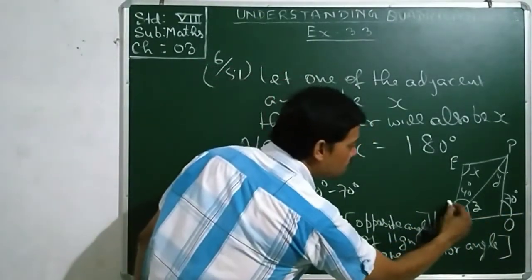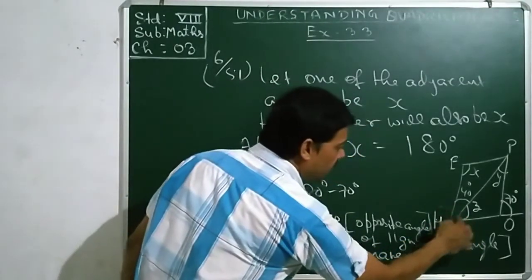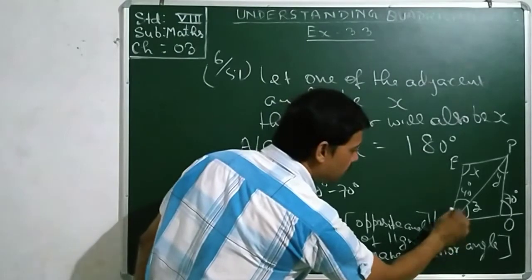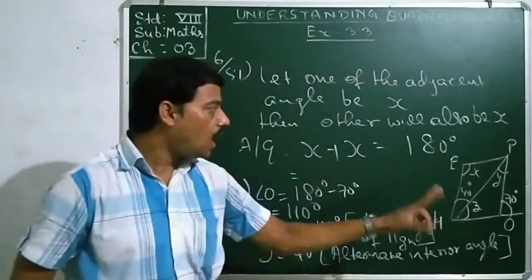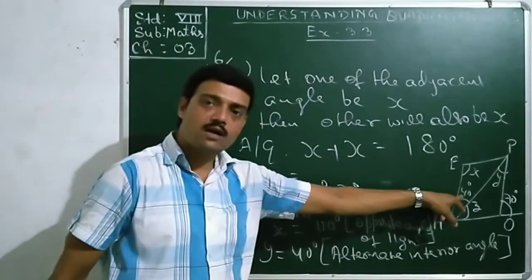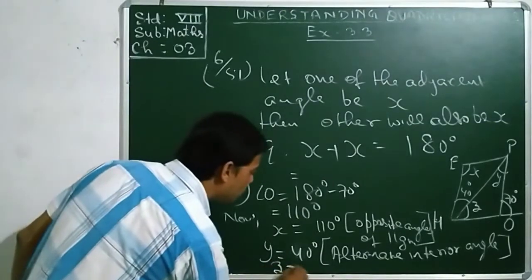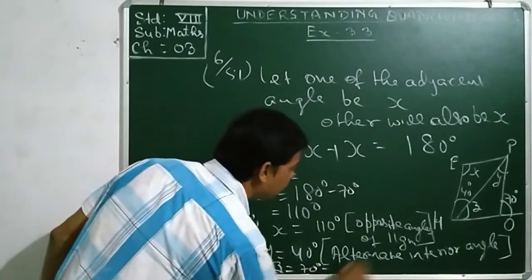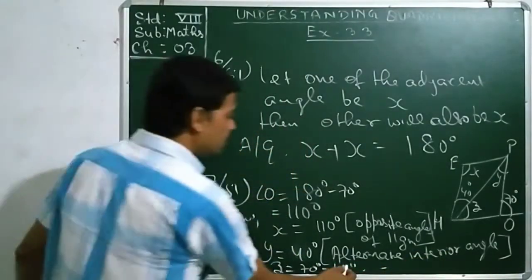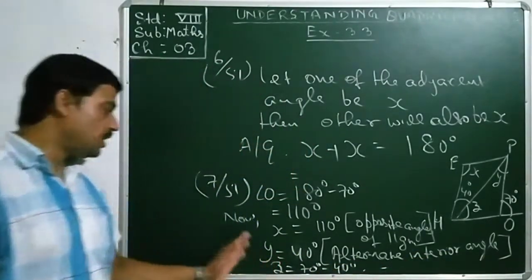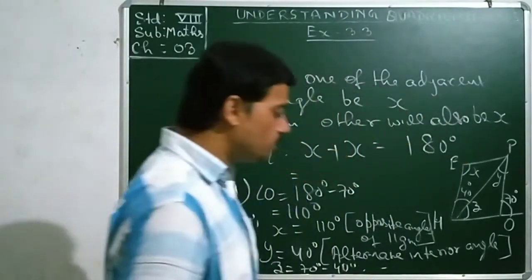So measure of whole angle H from here to here, if you consider, it will be 70 degree, because they are corresponding angles. And out of that, if you subtract 40 degree, then you will get the Z. So finally write Z equal to 70 degree minus 40 degree. Calculate it yourself and find out the value of Z also. In this way you will solve the 7 number also.